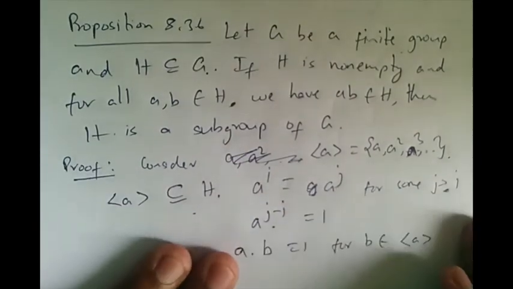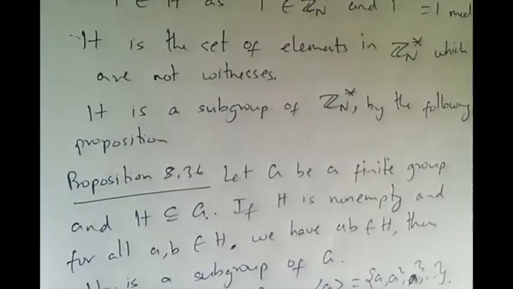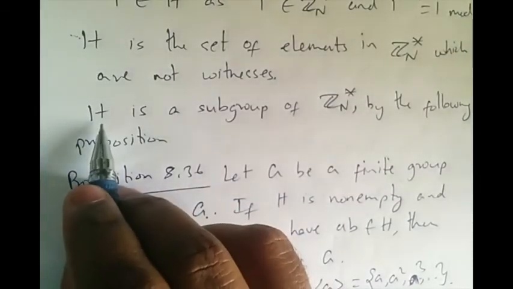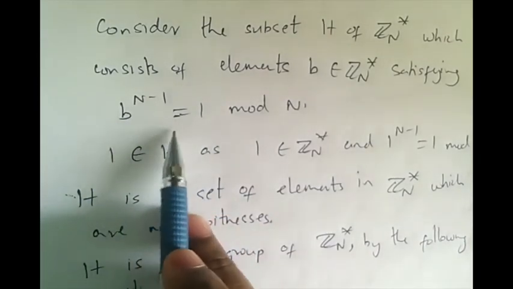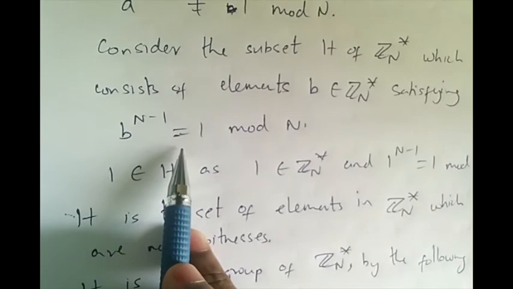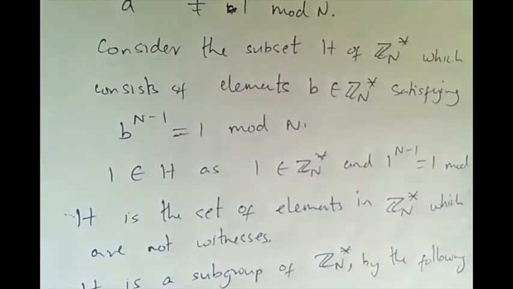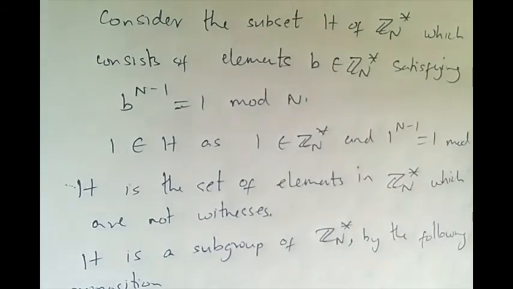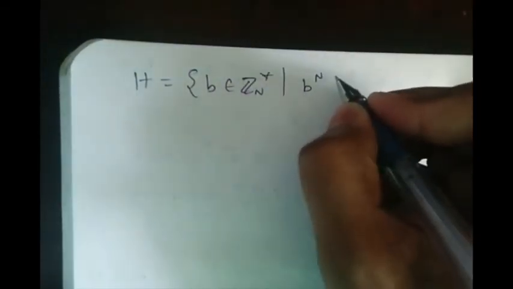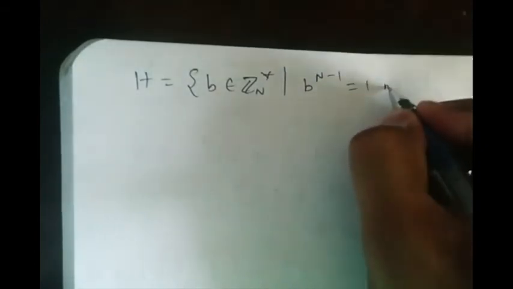And where do we want to use this proposition? We want to use it to argue that this H, which is the set of elements satisfying B raised to n minus 1 equals 1 mod n, is a subgroup. So let's check that. H in our case is the set of all B in Zn star such that B raised to n minus 1 equals 1 mod n.